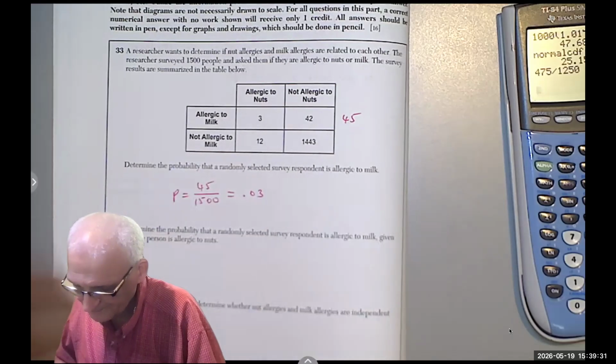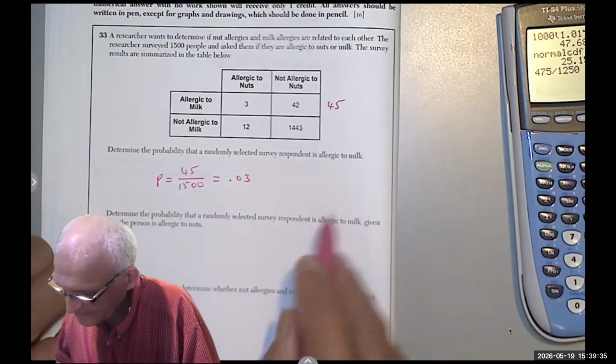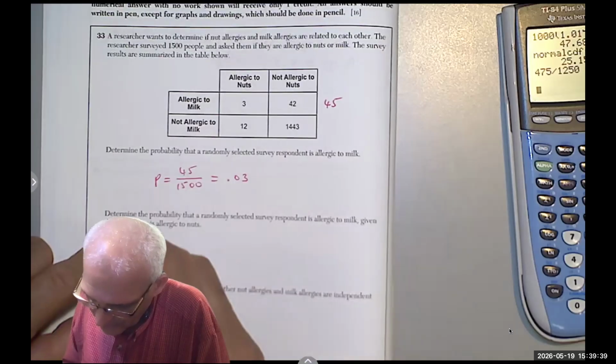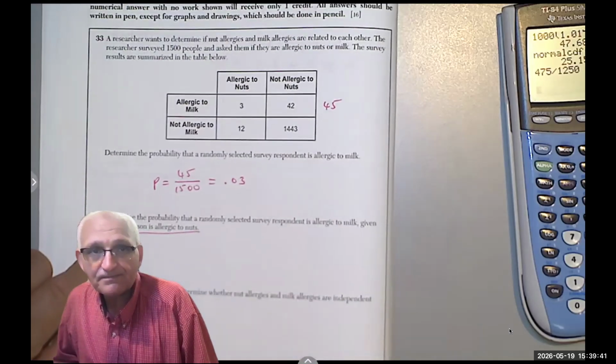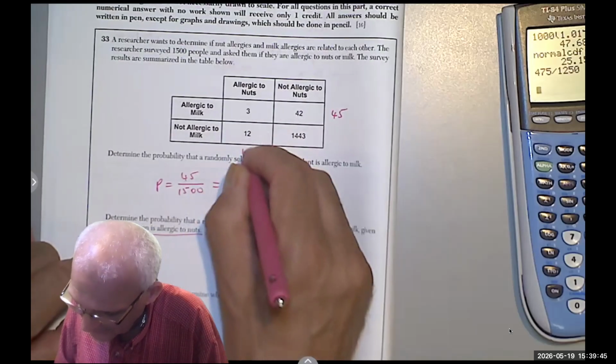to milk. Determine the probability that a randomly selected survey respondent is allergic to milk given that the person is allergic to nuts. So I have to calculate allergic to nuts is 15.